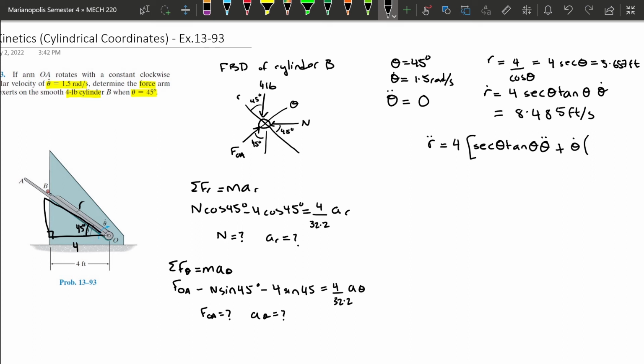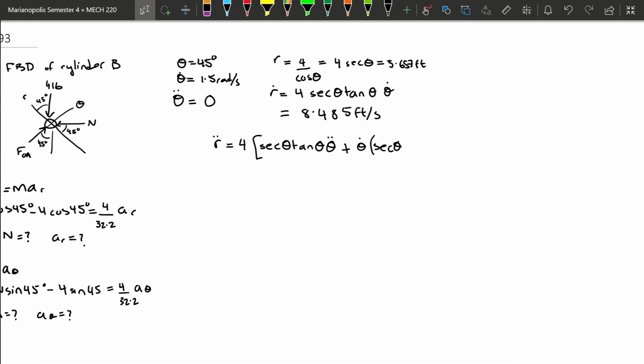So I have secant theta, and I'll move it here for now. Secant times the derivative of tan is secant squared theta, and remember the chain rule, so I have another theta dot.